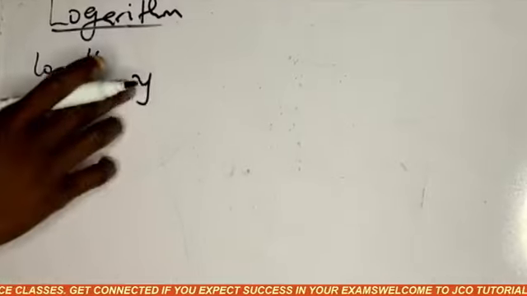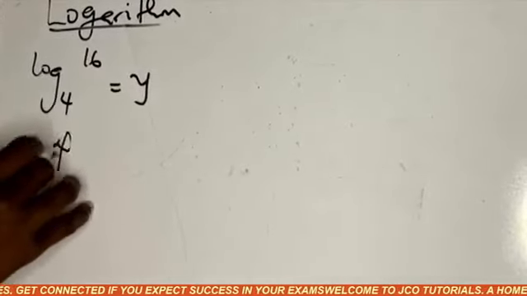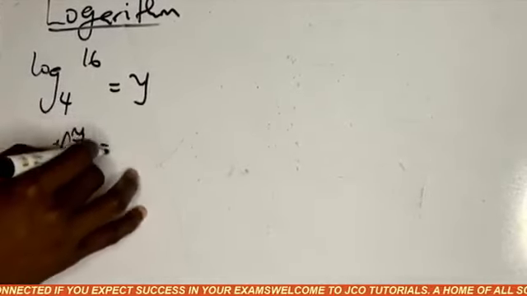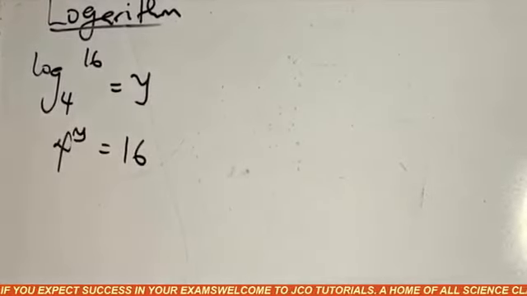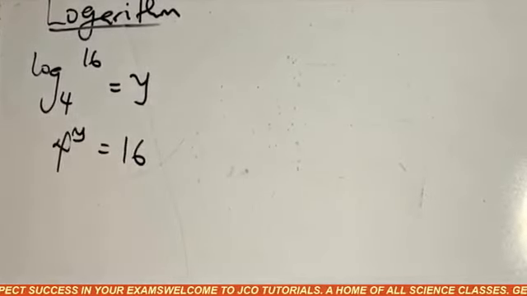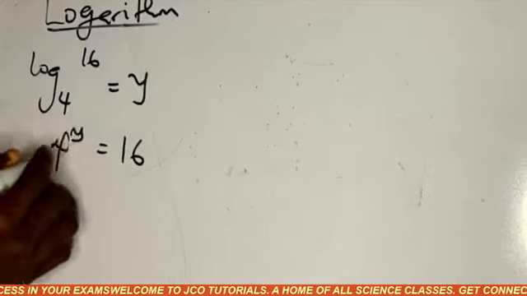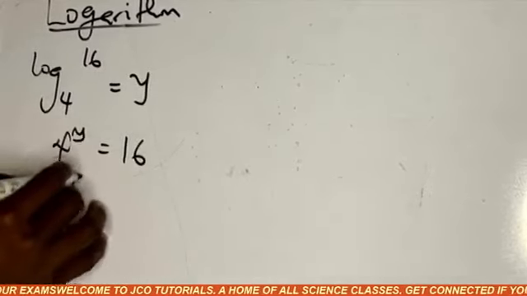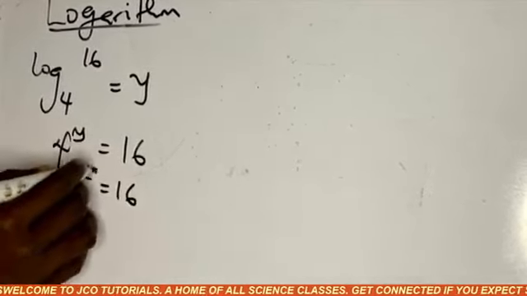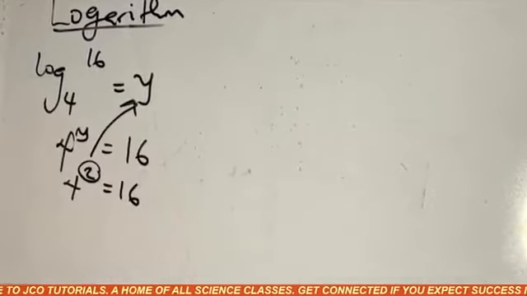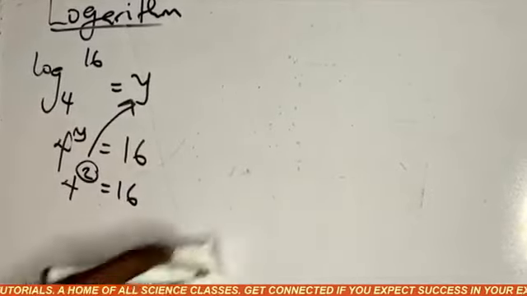In order for me to find the answer y, 4, the base, raised to power y is equal to 16. You see it now? So when I check, y has to be 2, so that 4 raised to power 2 is actually 16. This means that y is 2.